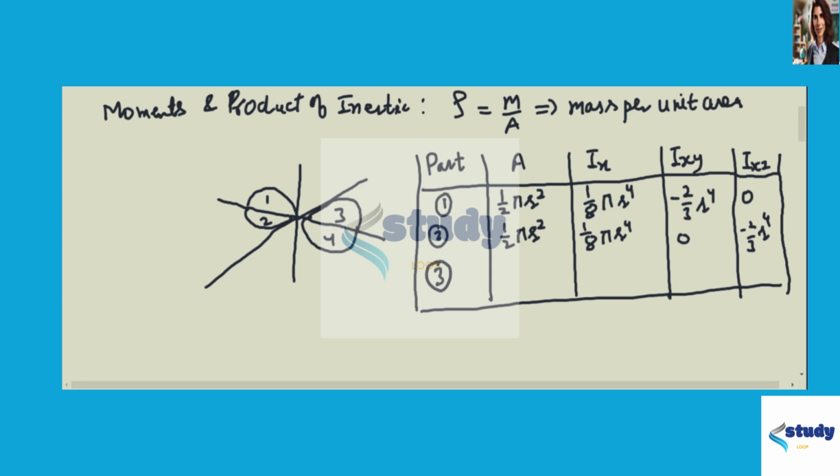Third, half pi r square, 1 by 8th of pi r to the power 4, minus 2 by 3 r to the power 4, 0.